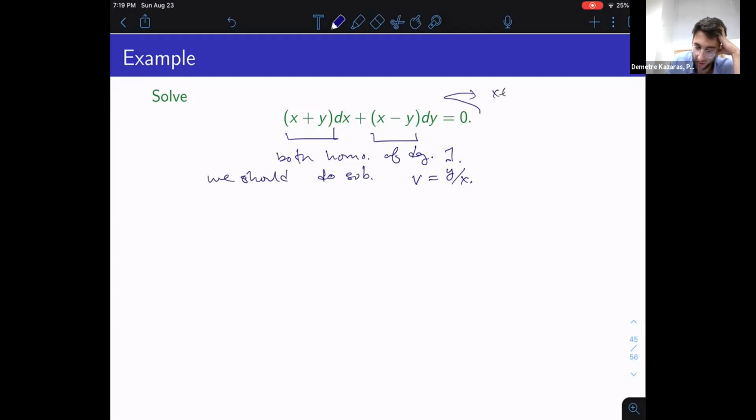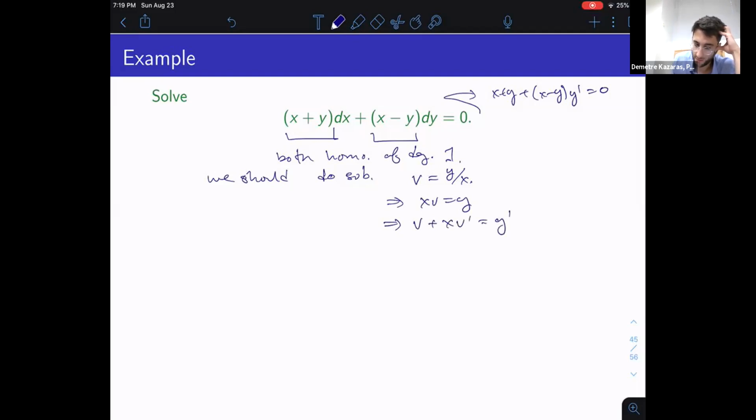So this is x plus y plus x minus y times y prime is equal to 0. Let's not write it in the differential form way. And let's see how the derivative of v and the derivative of y relate to one another. So maybe let's write this as xv is equal to y and take a derivative with respect to x. So taking derivative with respect to x here, I get v plus xv prime is equal to y prime.